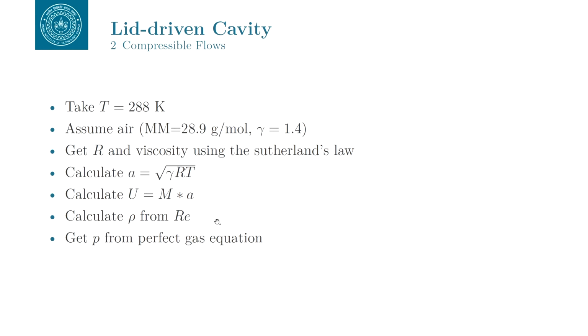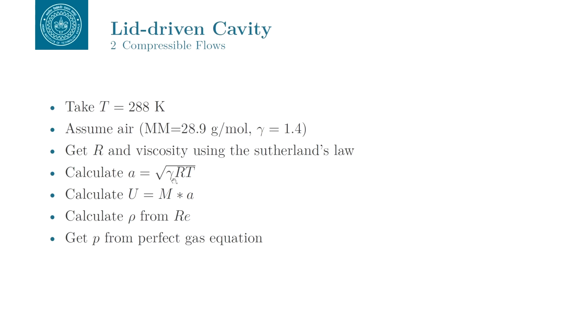Get the rho from the Re, because Re equals rho u L by mu. So, you know everything except rho, get rho from Re and get P from the perfect gas equation P equal to rho R T.